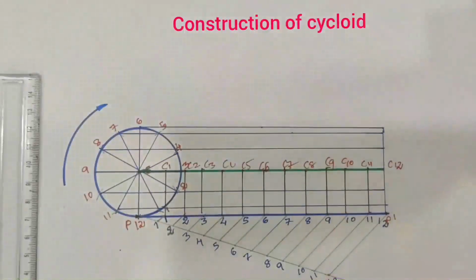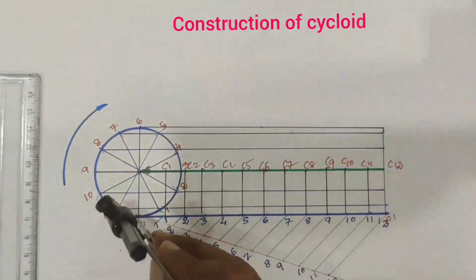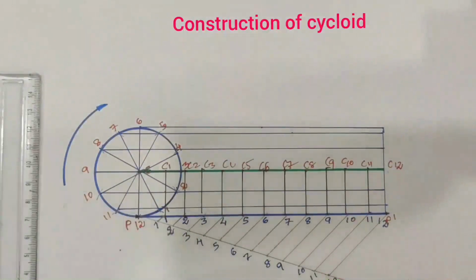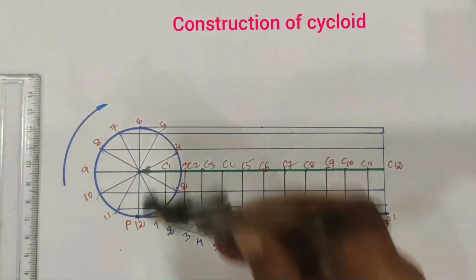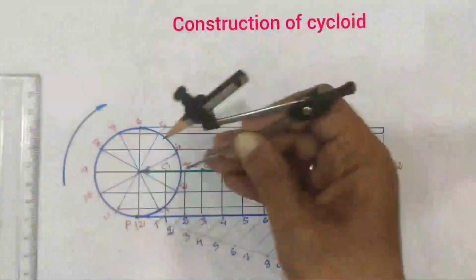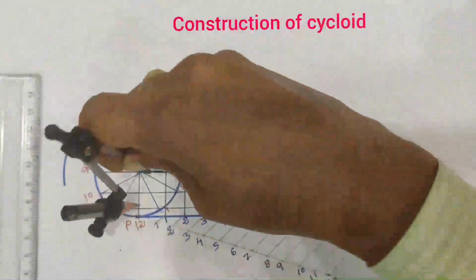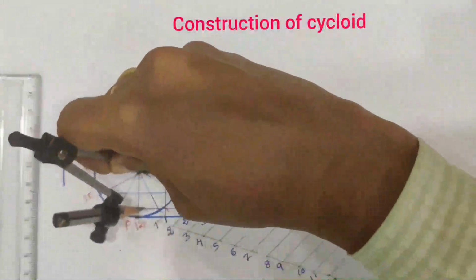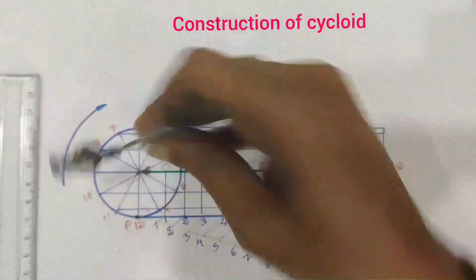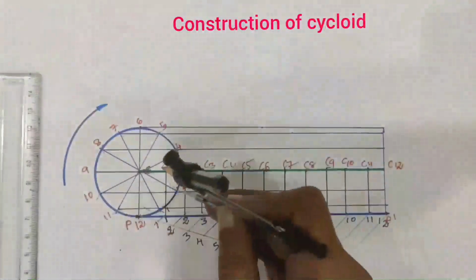In order to draw the locus of path of the movement of the point P on the rolling circle for one complete revolution, what is the procedure we are going to adopt? That we'll see now. Say CP as radius, C1 as center, draw an arc on the first division line passing through the rolling circle, so that here you'll get P1 point.